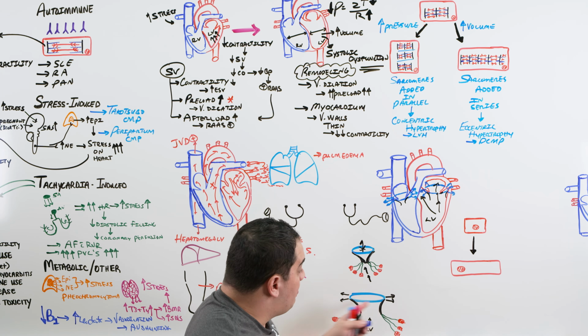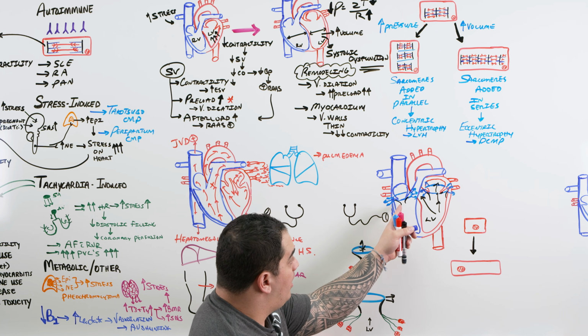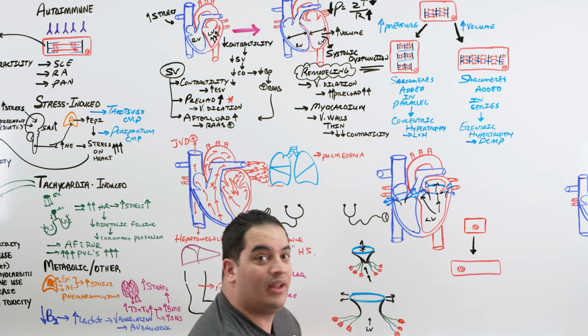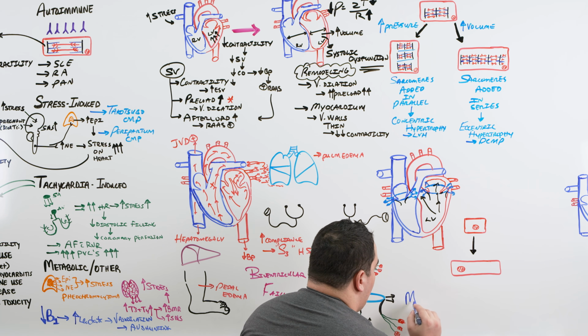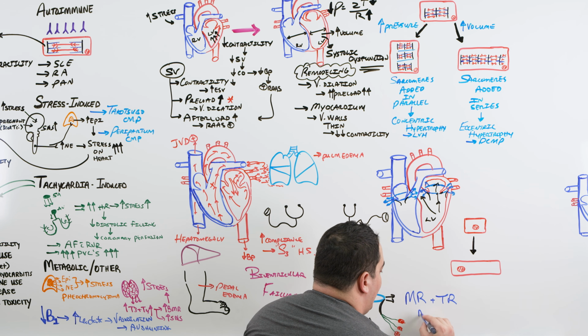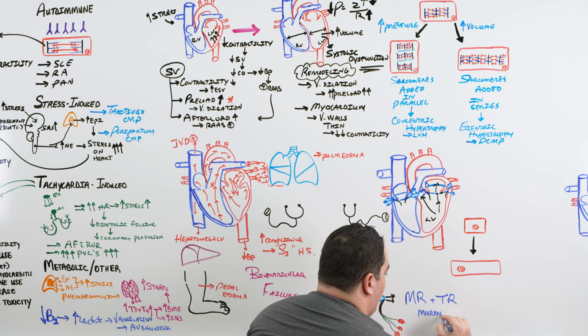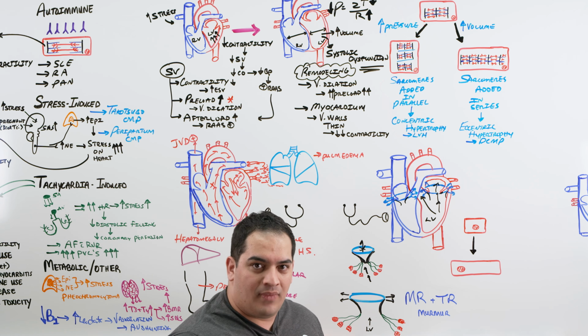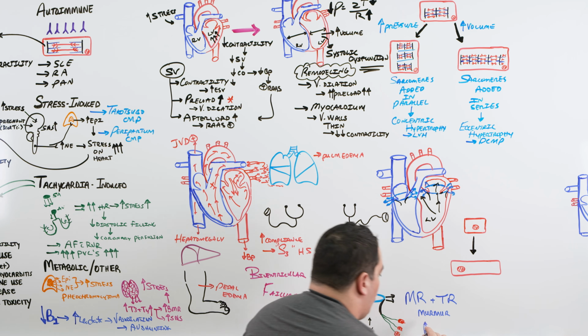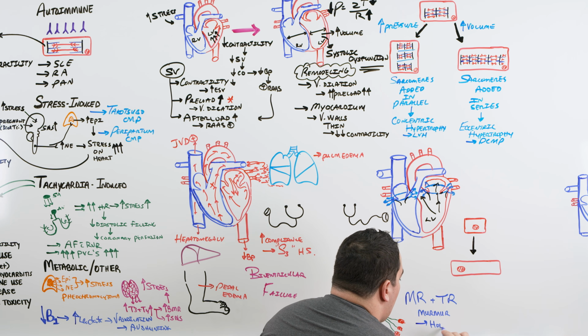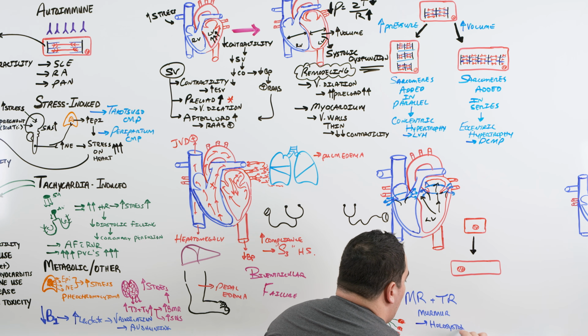All right, so what is this murmur called? Well, because it's affecting the tricuspid valve and the mitral valve, it's a regurgitation murmur. So we call this a mitral regurgitation and tricuspid regurgitation murmur. Now, in that situation, we give these types of murmurs the term holosystolic murmur.